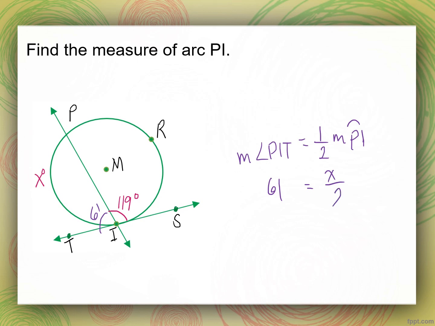Solving for x, 61 times 2 is 122. So therefore, x is equal to 122, and the measure of arc PI is 122.